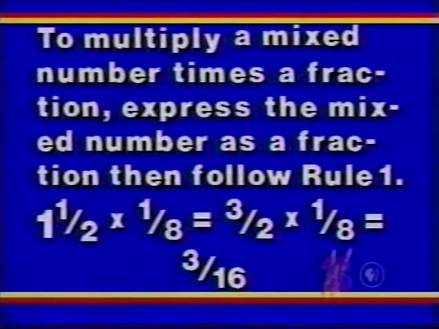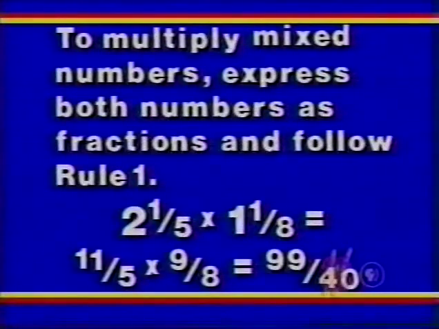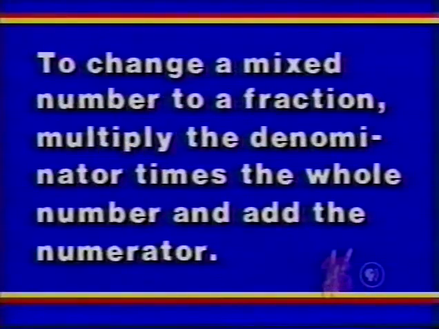To multiply a mixed number times a fraction, express the mixed number as a fraction and follow Rule 1. To multiply mixed numbers, express both numbers as fractions and follow Rule 1. To change a mixed number to a fraction, multiply the denominator of the fraction times the whole number and then add the numerator. This gives the new numerator. The denominator stays the same.